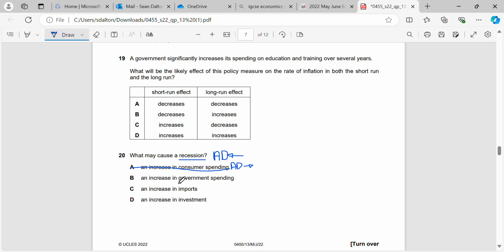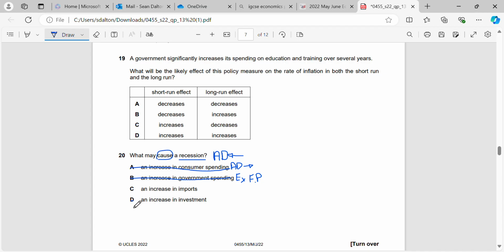An increase in government spending, again, that is expansionary, I'll just put E, expansionary fiscal policy, and that would be designed to move AD to the right also. So again, it would fix a recession, not cause a recession.